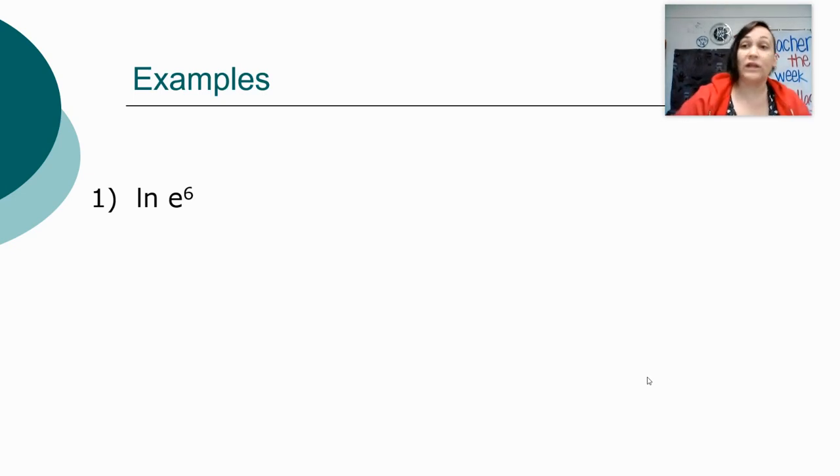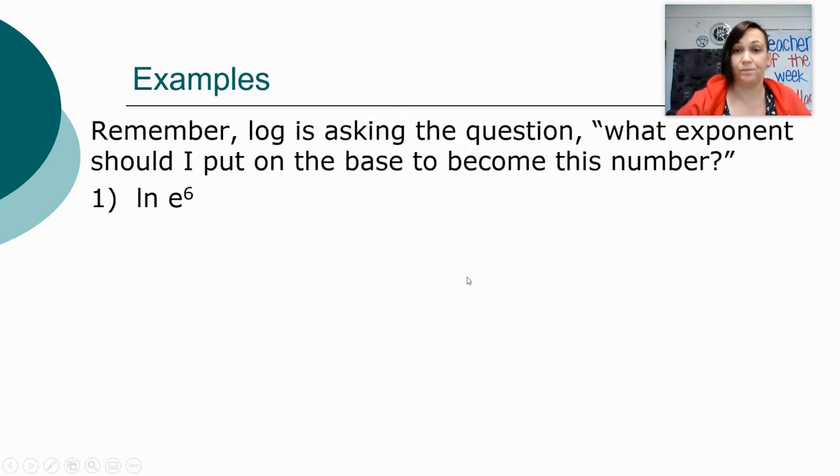All right, so let's start by trying to simplify this natural logarithm. So this is the natural log of e to the 6th. Now, anytime you see a natural log, you can put a little base of e underneath it if that helps. And we want to remember that any type of log, natural or log log, is asking the question, what exponent should I put on the base to become this number?